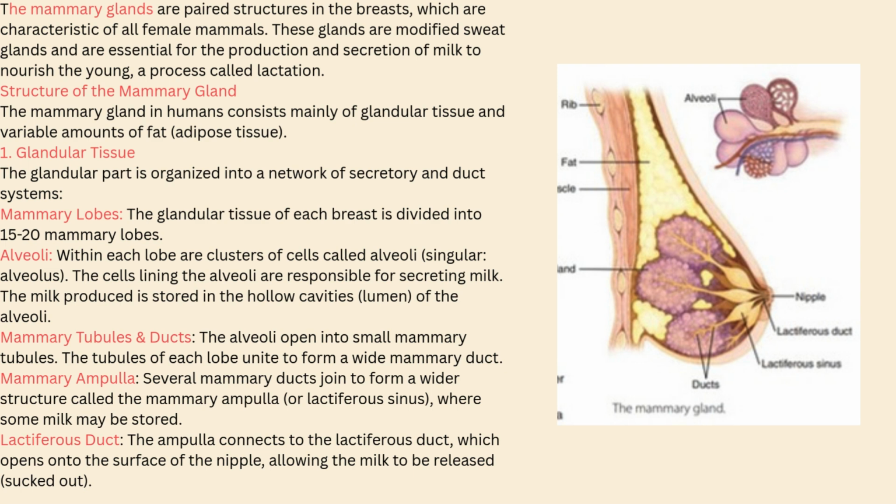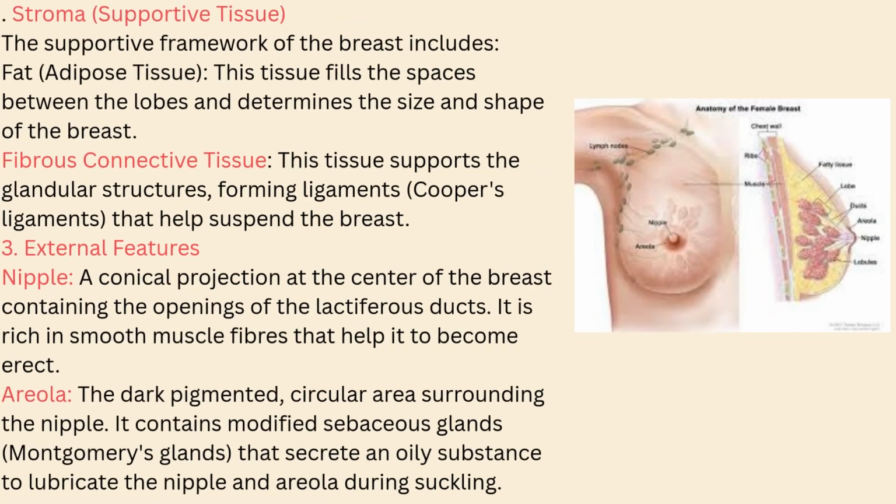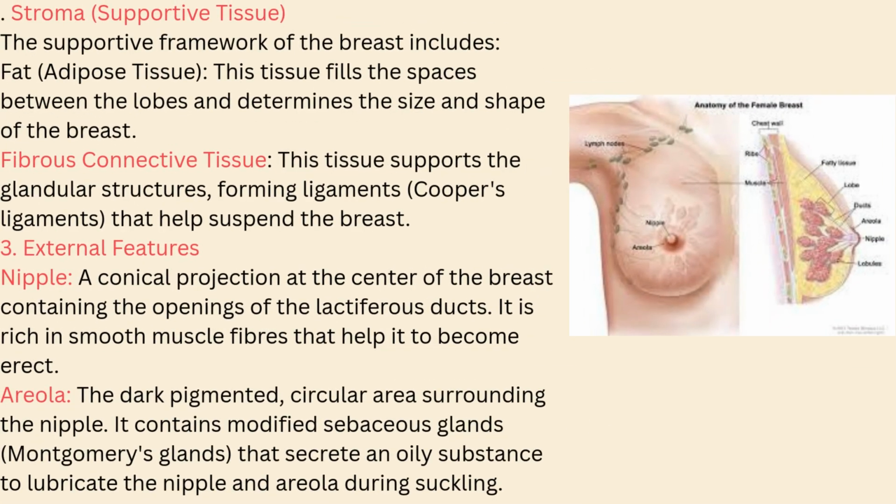The mammary glands are a pair of round structures present in the subcutaneous tissue of the anterior thorax in the pectoral region from second to sixth rib. These are modified sweat glands.